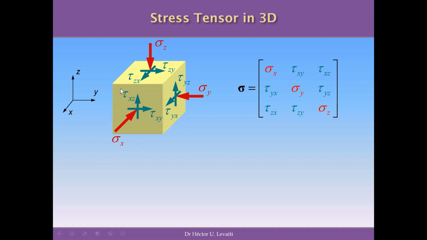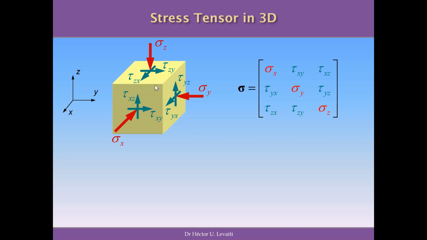So we have a small cube. This is an infinitesimal cube, so it's a very, very small cube. And on every face of this cube, you will have axial stresses that we are going to call sigma x, sigma z, and sigma y in the three directions of the three-dimensional space.